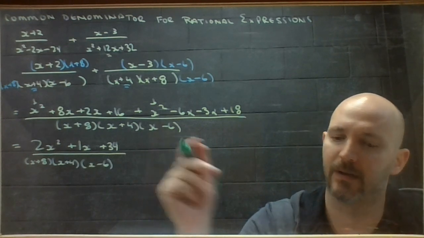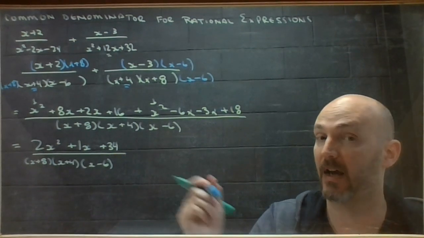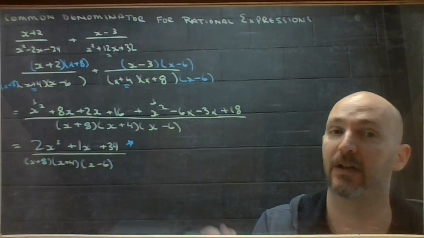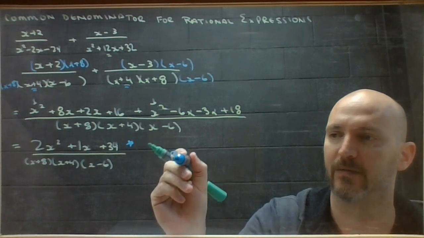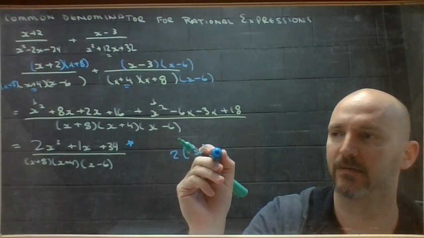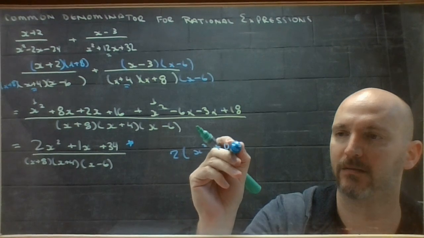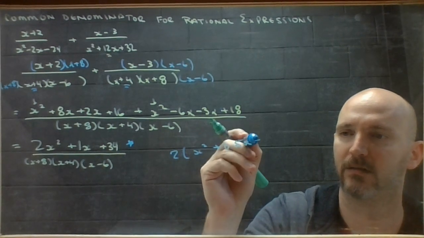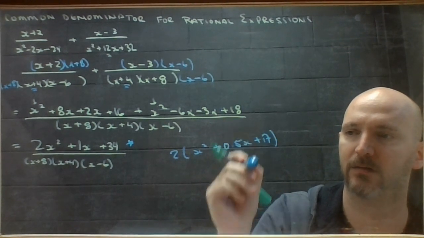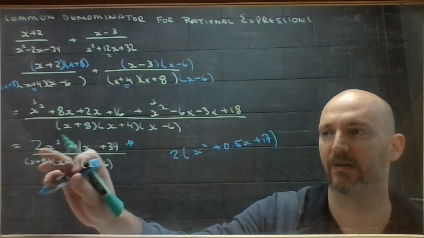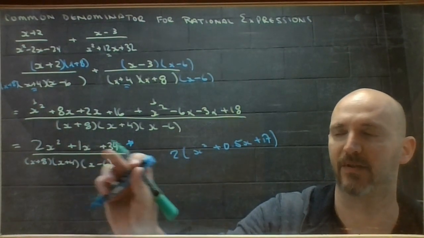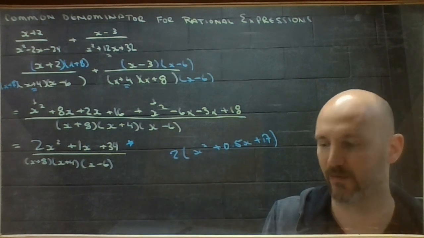All right, so I'm just going to check because there is a possibility that this thing up here factors. So if you pull out the a value, it's 2 times x squared is 2x squared, 2 times 0.5 is 1x, and 2 times 17 is 34.